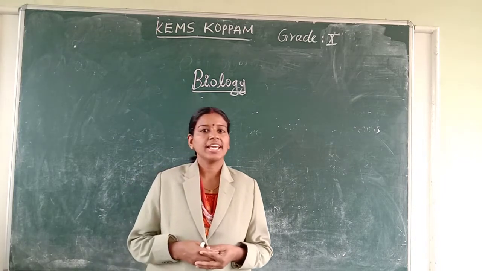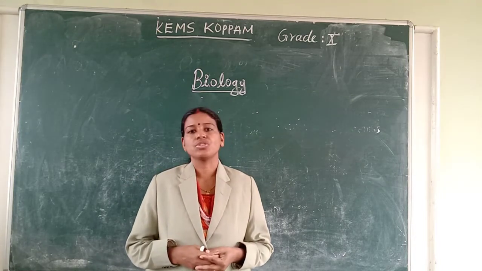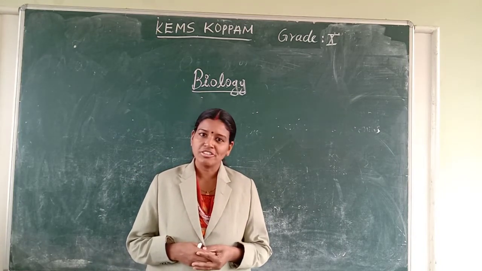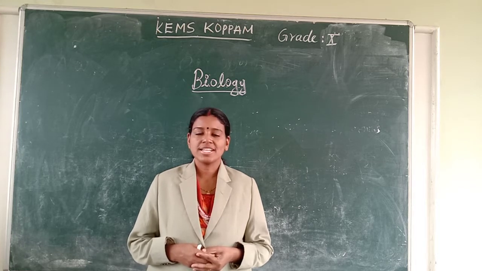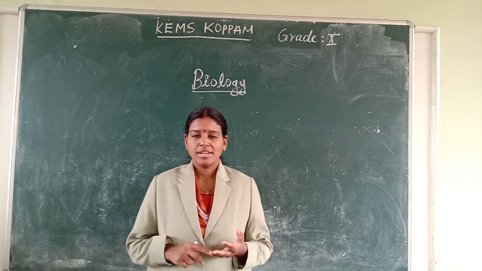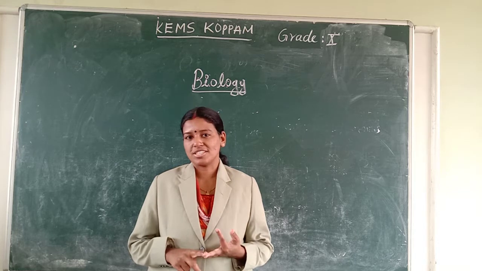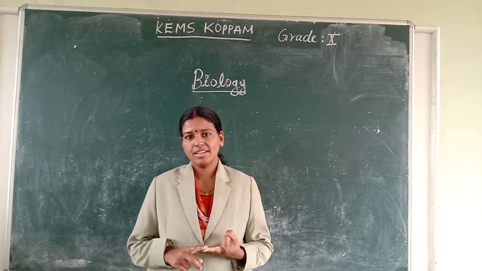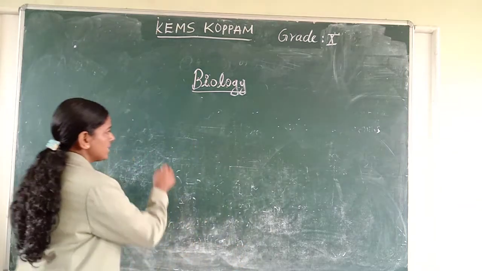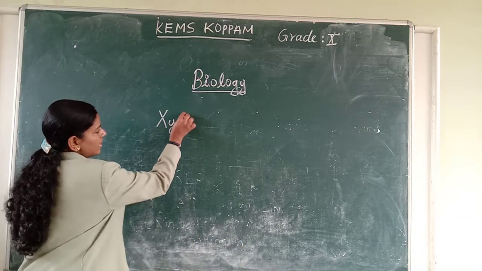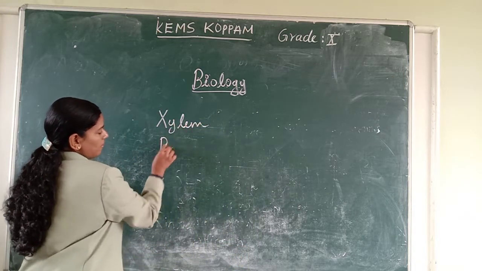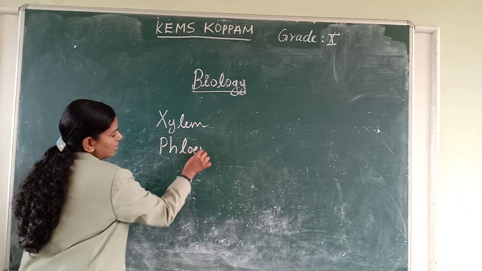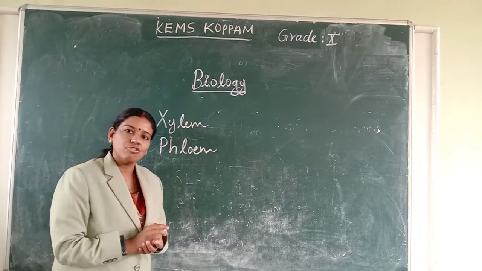So we know that there are conducting tissues for the transportation of these substances like water, minerals and food substances. We studied in our earlier 9th standard class, that is xylem and phloem.